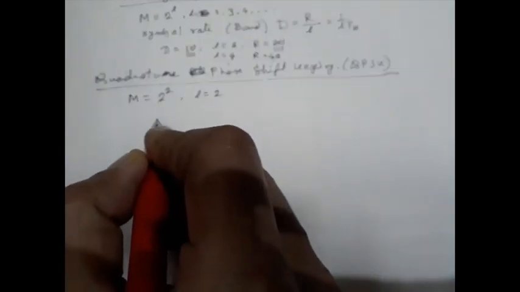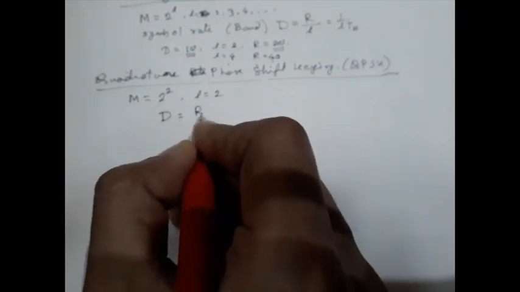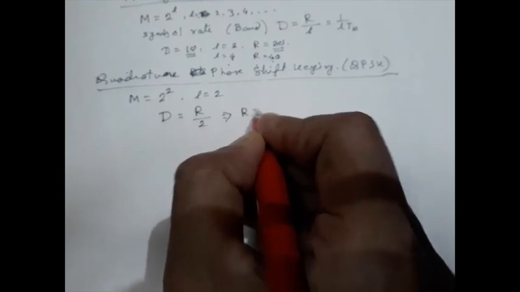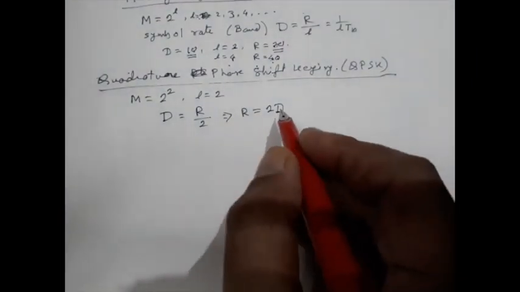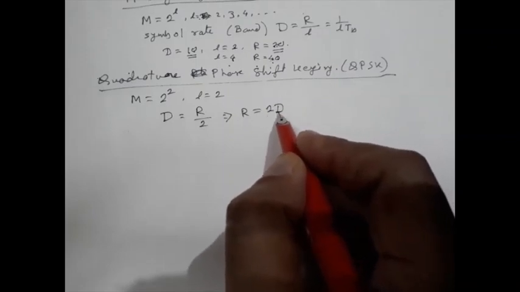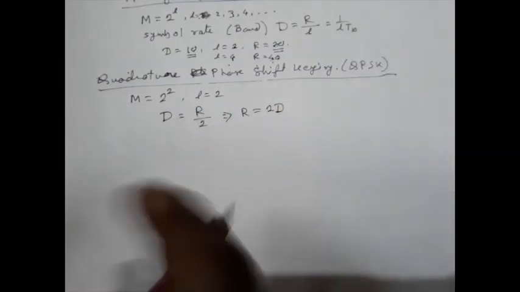That means L equals 2. So for this case, baud rate D equals R by 2. That means R equals twice D. So if the symbol rate is 10 kilobaud per second, then the bit rate will be 20 kilobits per second. In this way we can estimate.